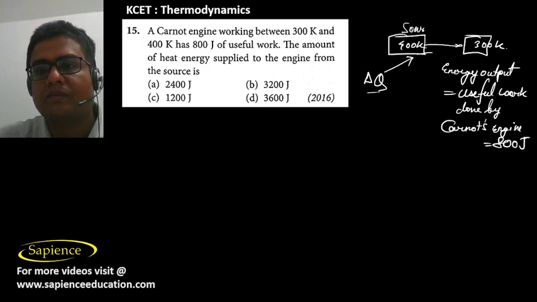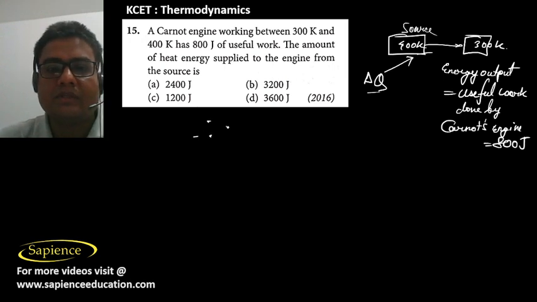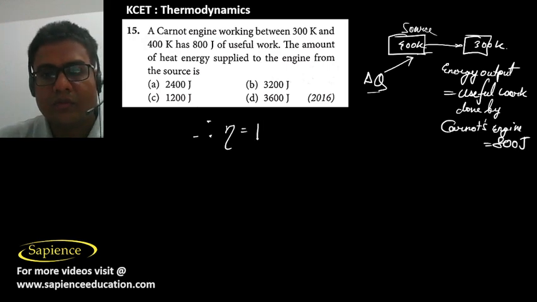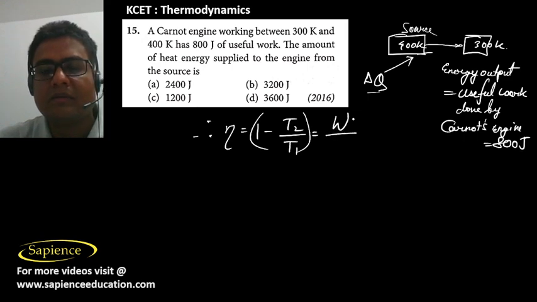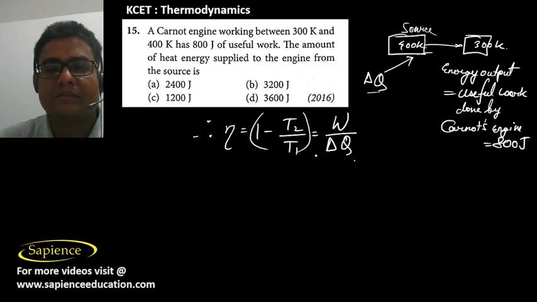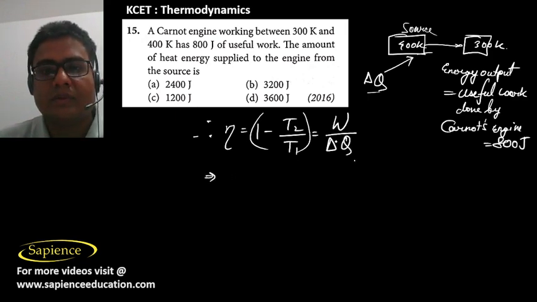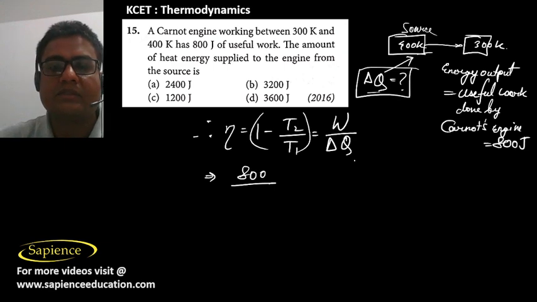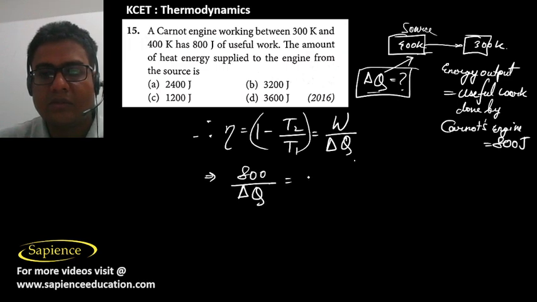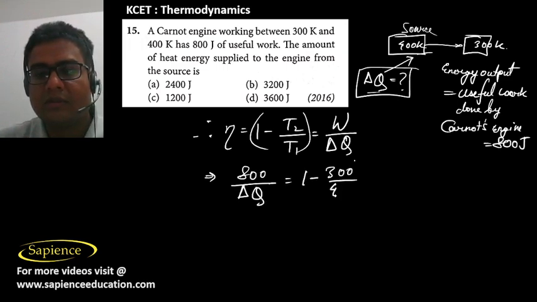So delta Q is the amount of heat energy supplied to the Carnot's engine from the source. Therefore the efficiency eta of the Carnot's engine is equal to 1 minus T2 by T1, and that is also equal to the useful work done divided by the heat energy that is supplied. So the useful work done is 800 joules, so 800 by delta Q, which we have to find, is equal to 1 minus 300 by 400.